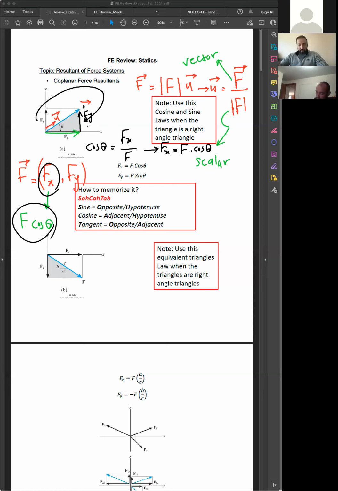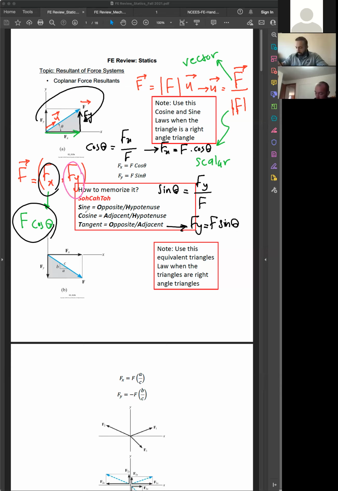We can write the same thing for Fy. For Fy, if you write the sine of theta, what is the sine of theta? Let's just write it here. Sine of theta would be the opposite, which is Fy, over the hypotenuse, F. So from this, your Fy would be F sine theta. That's what you see here.